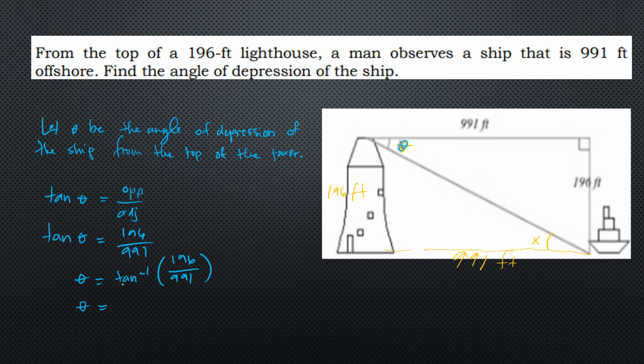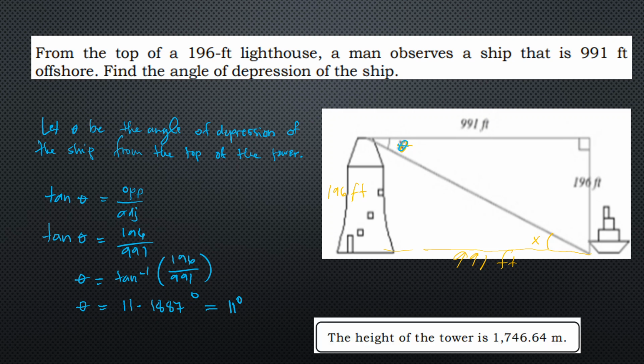So you'll get 11.1887 degrees. And then, for angles, usually we round to the nearest whole number. So, that's why it's just 11 degrees. So, theta is equal to 11 degrees.